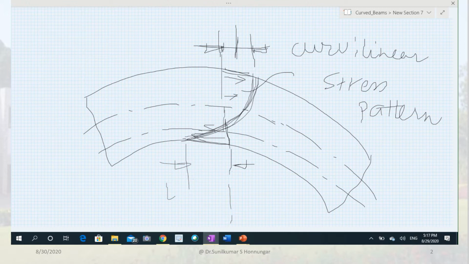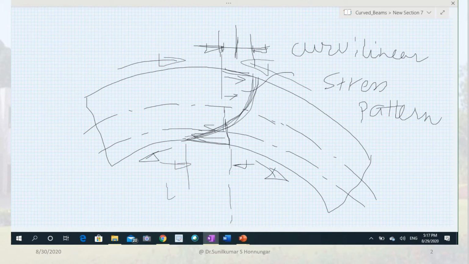And more stress is on this side. What is the kind of stress? The stresses developed at the bottom are tensile in nature, and the stresses developed on the top are compressive in nature. You can notice that practically, and of course we will check it, because we will only believe it when we solve the problem.